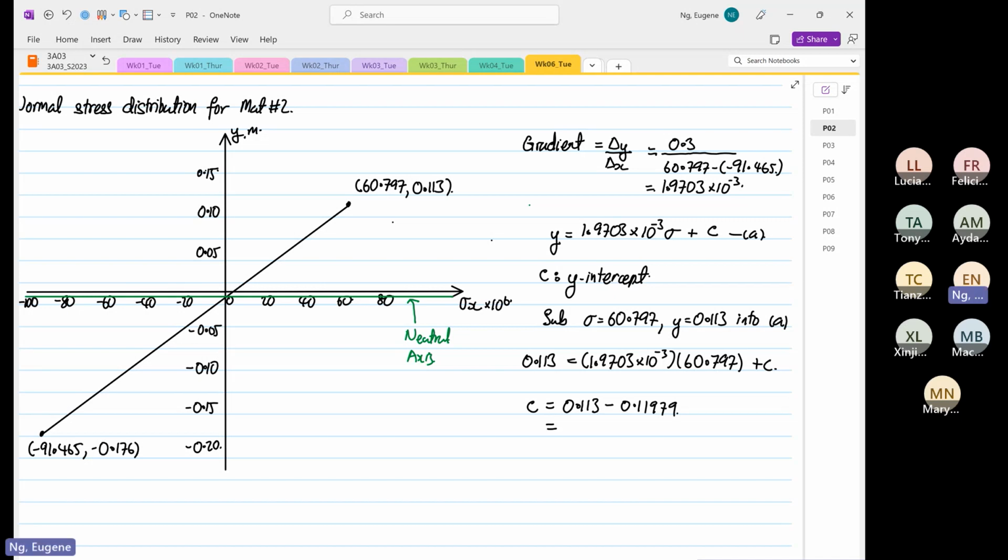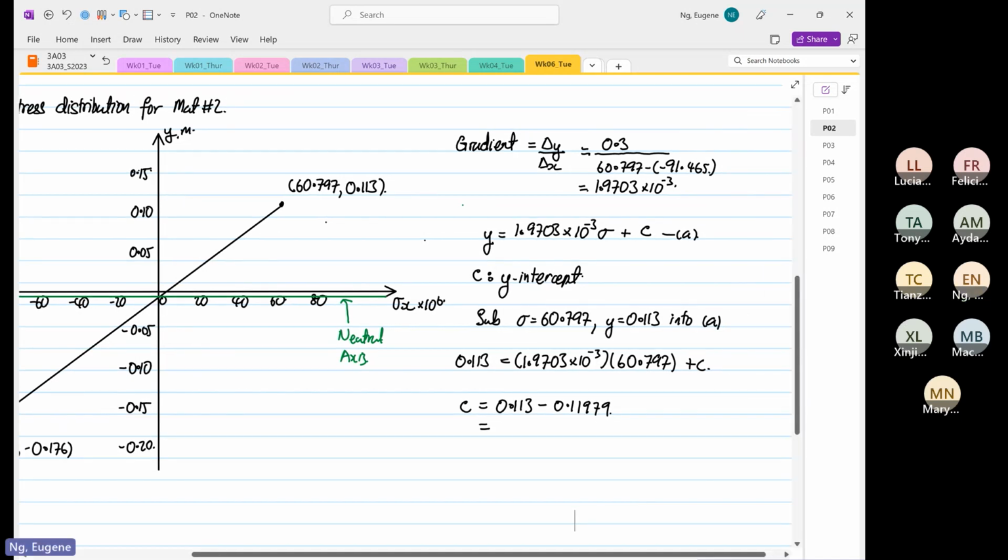Let me change everything into meters, but that should not make a difference. The gradient 1.9703 times 10 to the power minus 3 is correct, the y-intercept equation is correct, and I'm using 60.797, correct, and 0.113207 in meters.